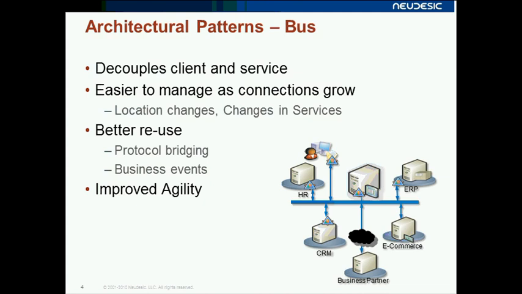So really just trying to enable that reuse through the capabilities of the bus. And in the end, the goal is to improve that agility, the ability to make changes and move with the business, and come back with estimates that we're talking more weeks and months versus months and years.